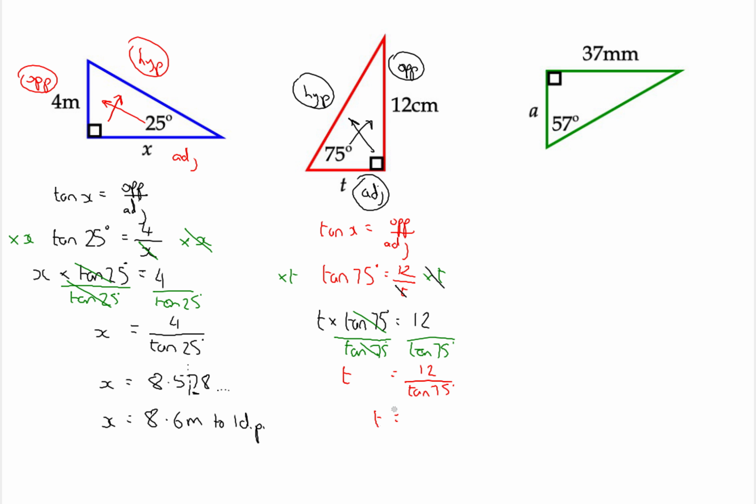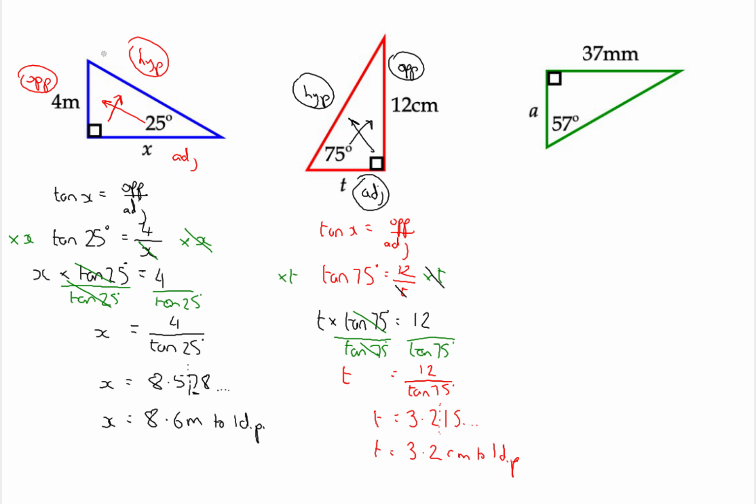Now I can use my calculator. 12 divided by the tan of 75 degrees, 3.215, and so on. Cut it at 1 decimal place. We've got 3.2 centimeters to 1 decimal place.